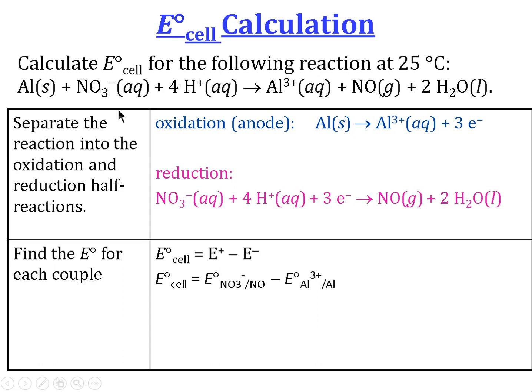At the reduction, we have a transformation of NO3- to NO. Then we apply E0 of the cell equals E0 reduction minus E0 oxidation. So E0 of the cell equals E0 plus minus E0 minus, equals E0 of the couple NO3-/NO minus E0 of the couple Al3+/Al.